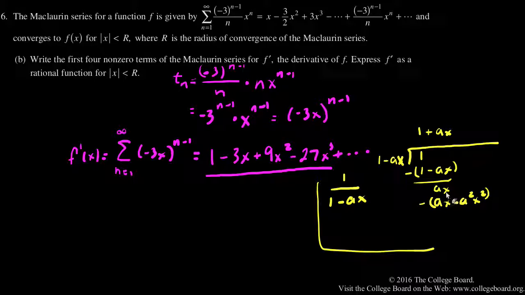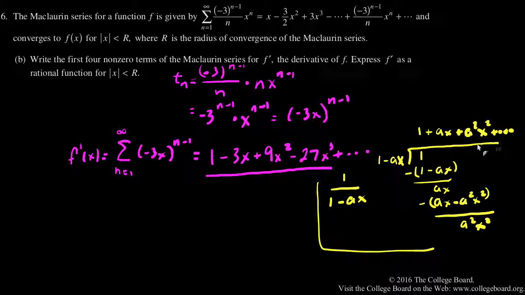And so just doing long division here, I get to this pattern. 1 goes into a squared x squared, a squared x squared times, and we see the same type of pattern that we have right here.